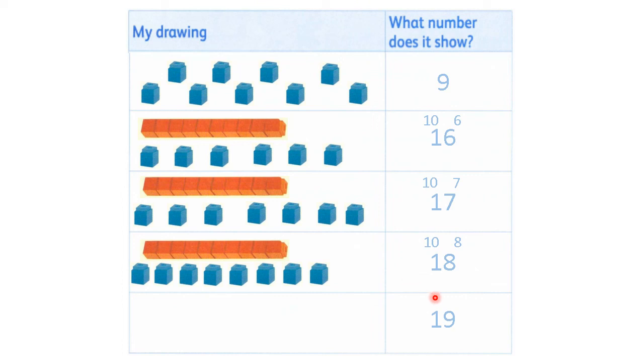And finally, 19 would be 1 red 10 rod and 9 blue 1 cubes.